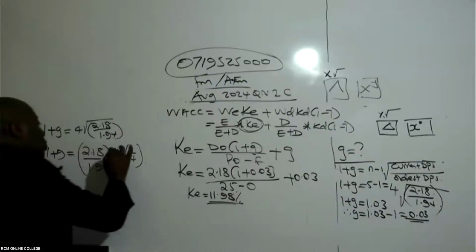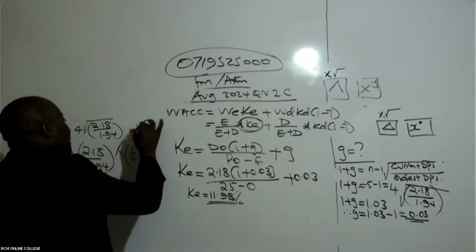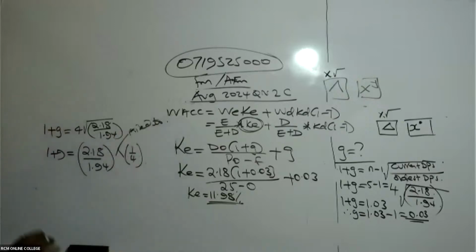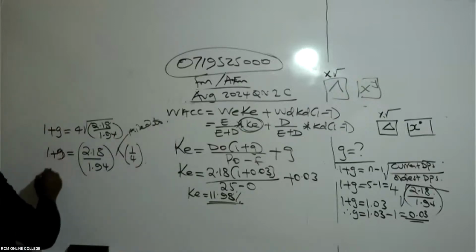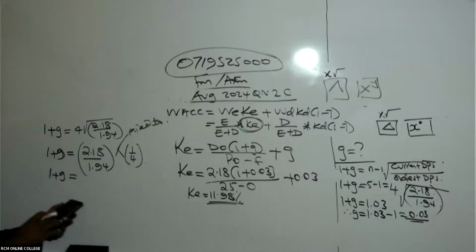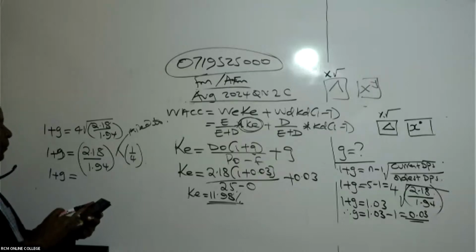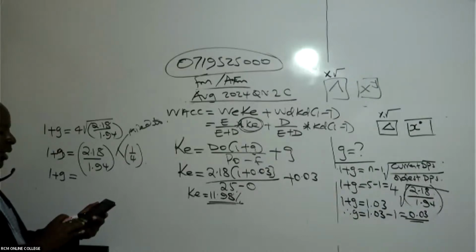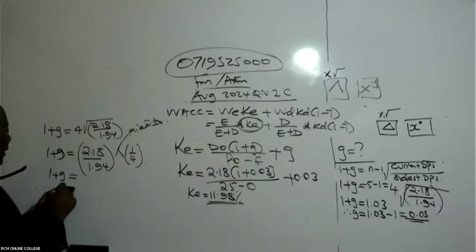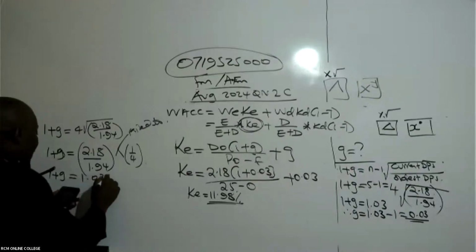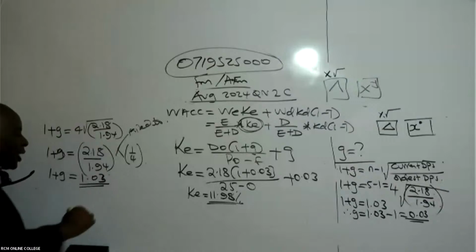So 1 plus g will be equal to, in brackets, 2.18 divided by 1.94, I close. Then I say raised to, I open brackets, 1 divided by 4, I close brackets, and then I say equals. And I'm getting 1.029, which is the same as 1.03.